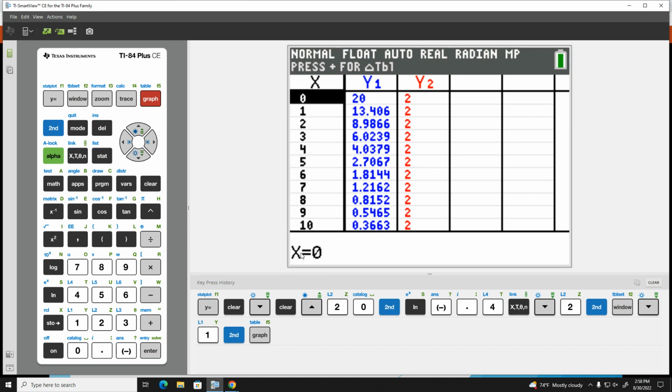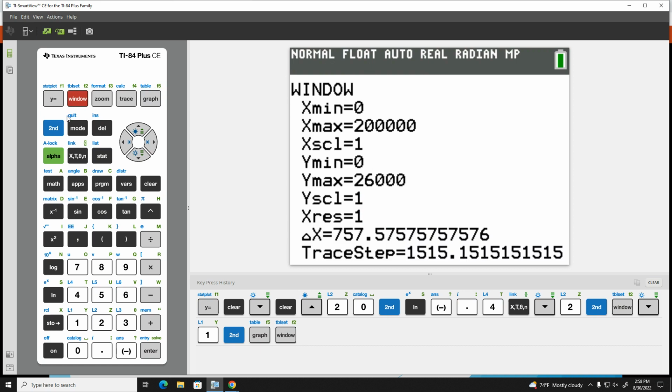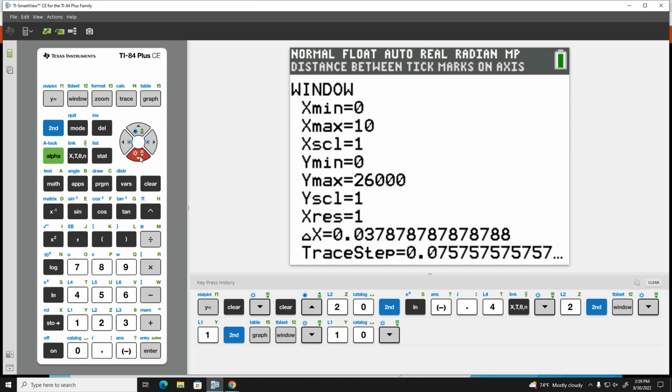So I can clearly see what is above 2, what is below 2. So I will go to my window to set this up. In my window, I decided I wanted to go from 0 to 10, knowing my answer is between 5 and 6. And in the y direction, my maximum amount was 20. So I will set this to go from 0 to 20.